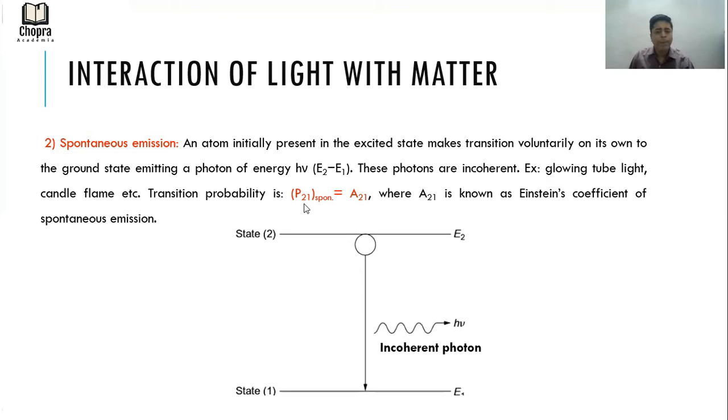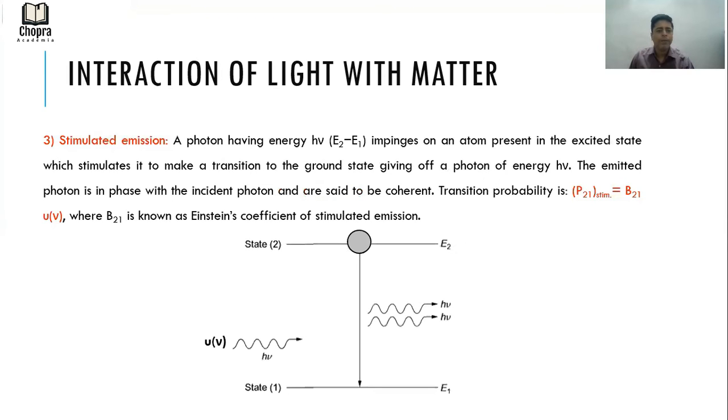We go to the third and most important process, which is the heart of the lasers, that is called the stimulated emission process. What happens in stimulated emission is a photon having energy h nu, that is E2 minus E1, impinges on an atom present in the excited state. Now, when the atom is in the excited state, it gets some energy h nu with the energy density U nu, and it stimulates it to make a transition to the ground state, giving off a photon of energy h nu.